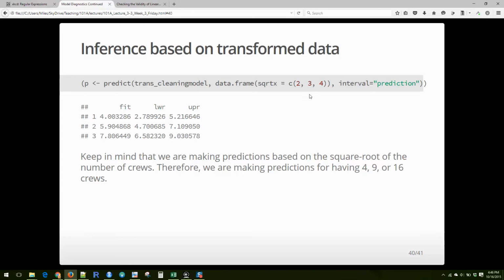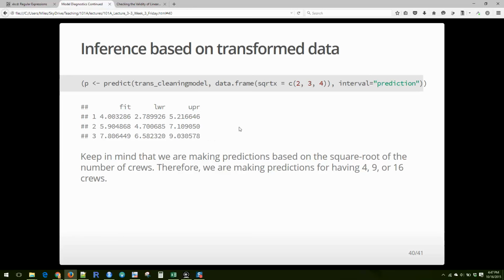The fitted values, the estimated for 2 is 4, and the estimated for these other numbers are here, and we also have lower and upper bounds for our prediction intervals.